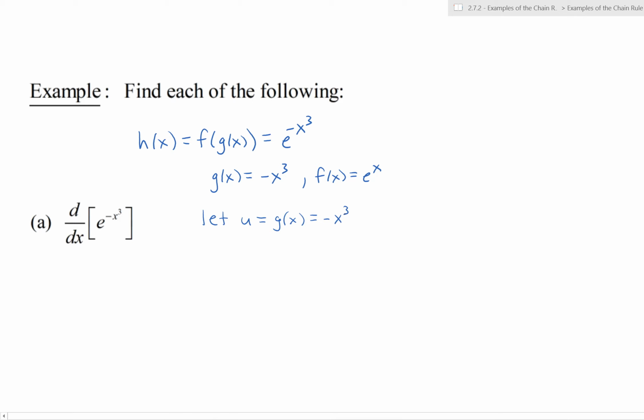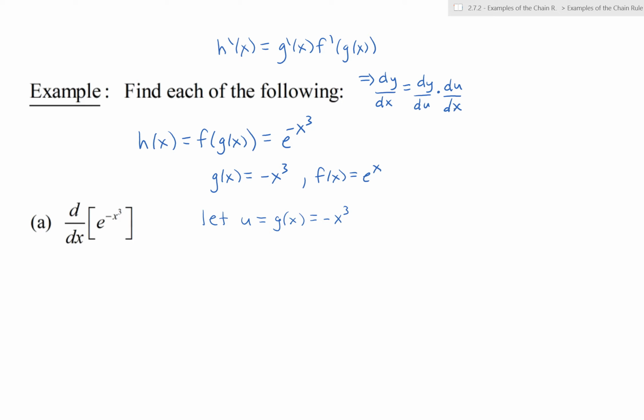Then our rule, h prime of x, as we said a moment ago, is g prime of x times f prime of g of x, or equivalently, dy dx is dy du times du dx. So we have to find g prime of x and f prime of g of x, or if we prefer, dy du and du dx.